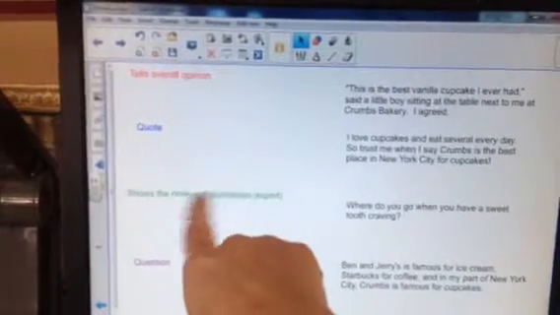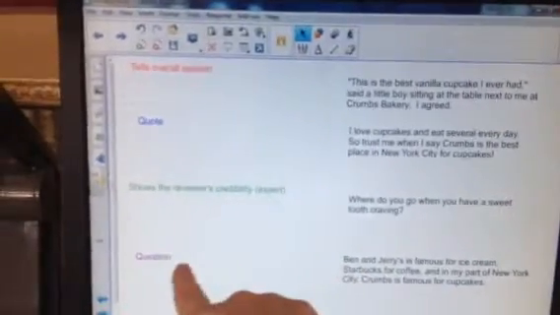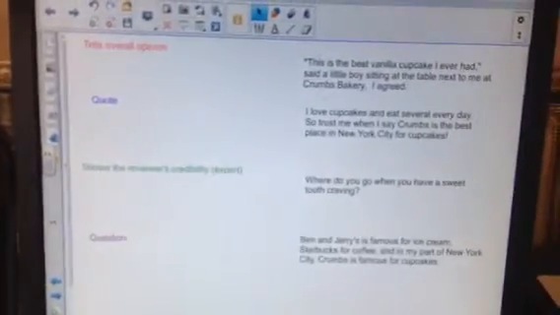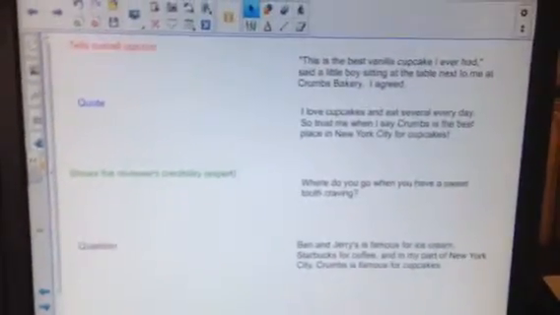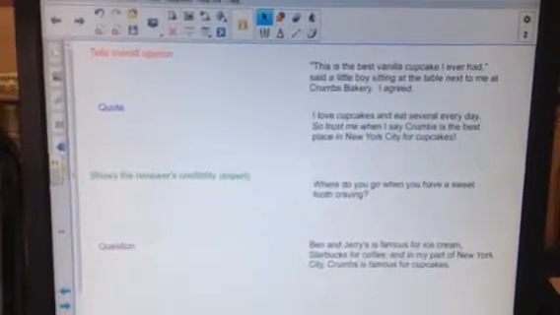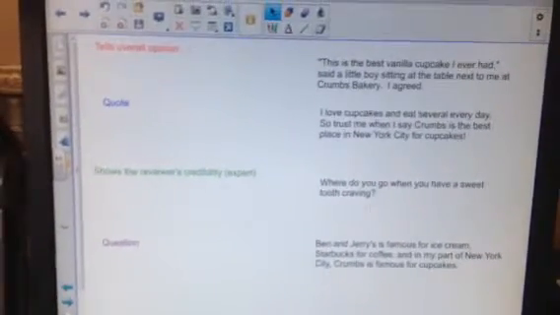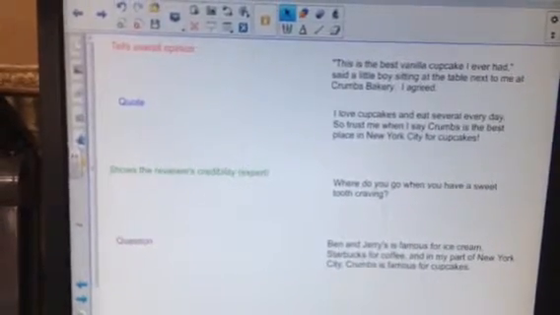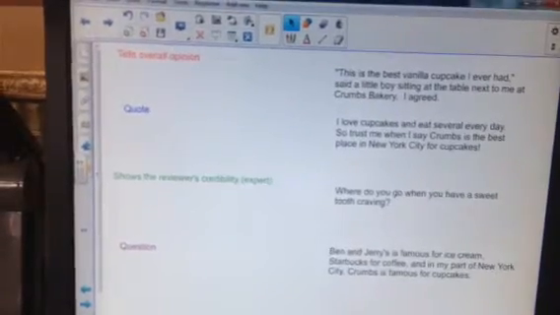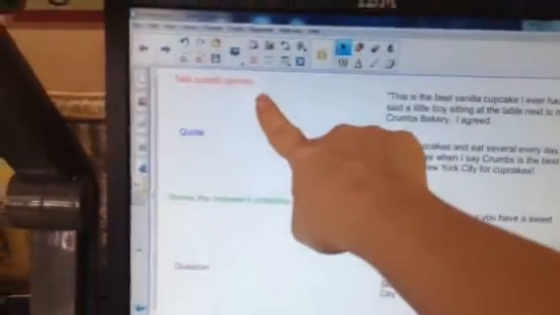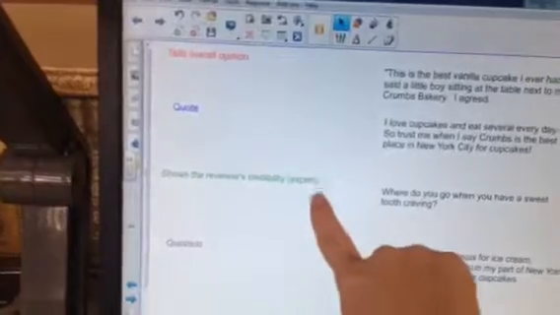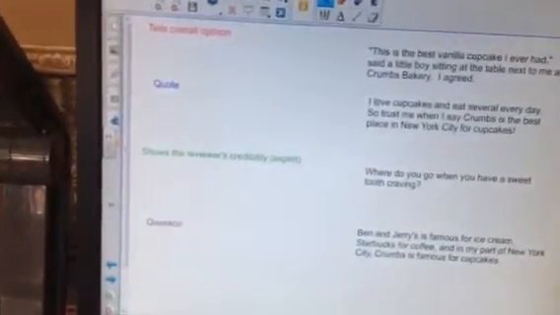Does it show that the reviewer is an expert? Or does it ask a question? It doesn't ask a question, so I know it's not that one. I don't really know 100% yet, so let me read it again. "This is the best vanilla cupcake I ever had," said a little boy sitting next to me. Is it an opinion? Is it a quote? Or is somebody an expert? I think it's a quote.